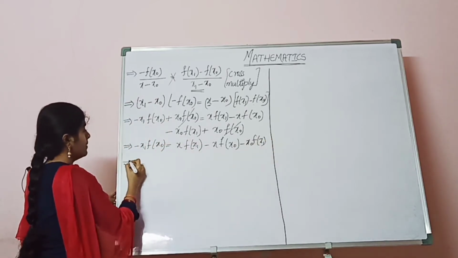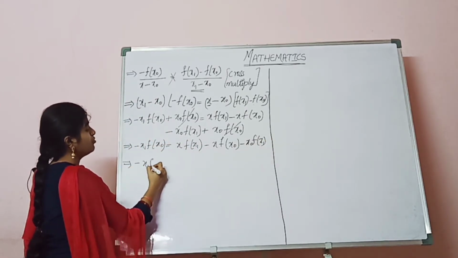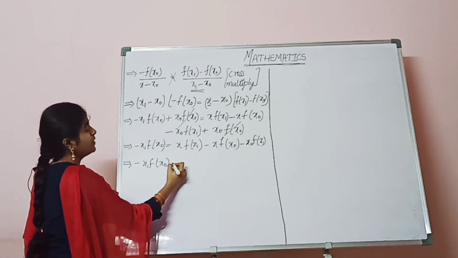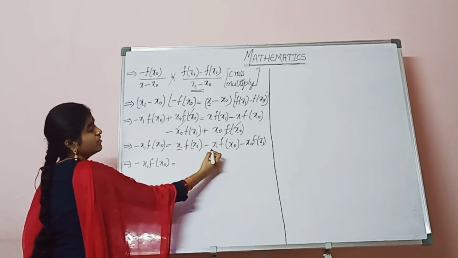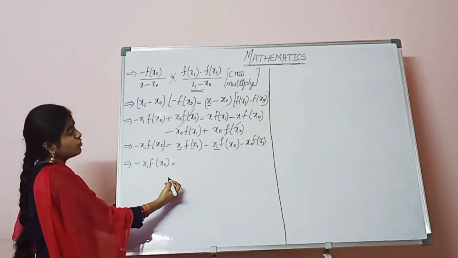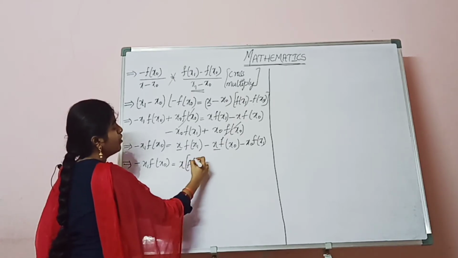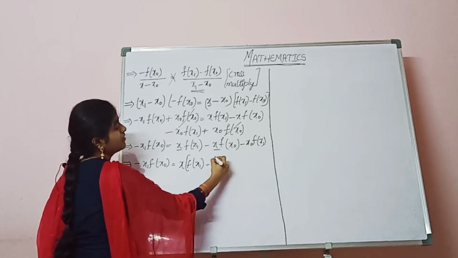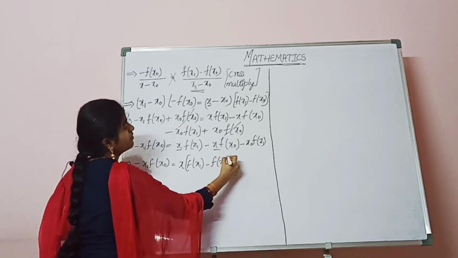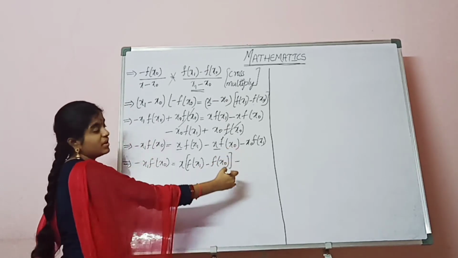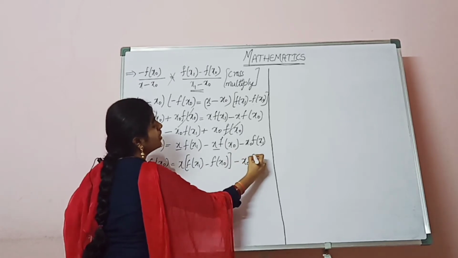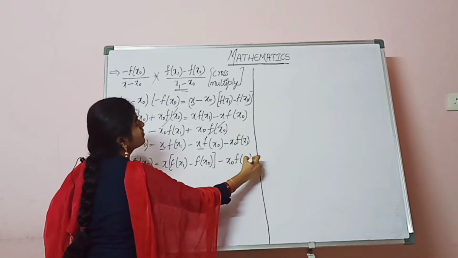Now minus x1 into f of x naught equals, here x is common in both, so we can take x as common: x into f of x1 minus f of x naught, minus what is remaining here, x naught into f of x1.